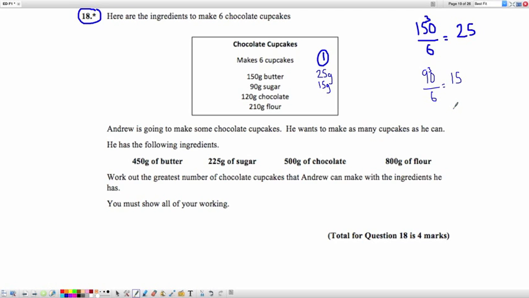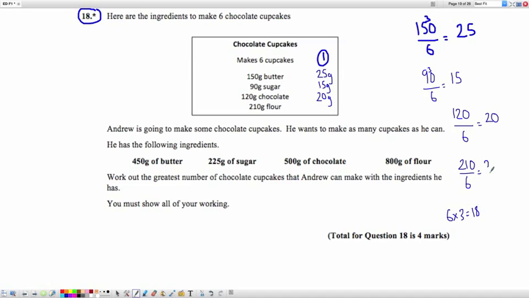For chocolate, it's 120 divided by 6. 6 goes into 12 twice, so 20. And here for the flour, 210 grams divided by 6. 6 goes into 21, 3 times, 3 times 6 is 18.